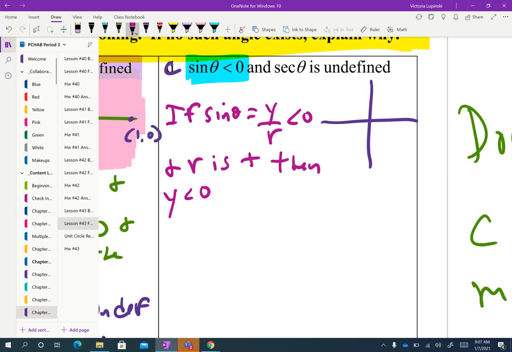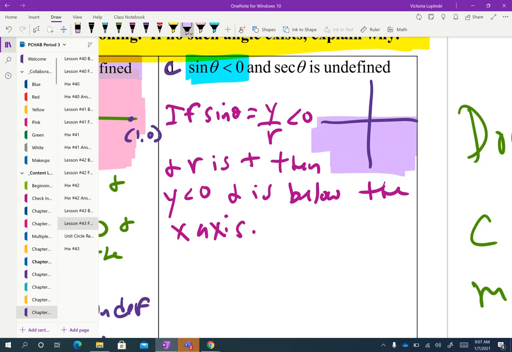The only way you can divide something by a positive and be less than 0 is if the y value is negative. So if the r is positive, but the y is negative, then that means that we need to be below the x-axis. So that means that we are going to have to be somewhere here.